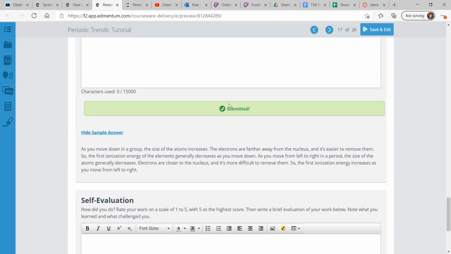So the first ionization energy of the elements generally decreases as you move down. As you move from left to right in a period, the size of the atoms generally decreases. Electrons are closer to the nucleus and it's more difficult to remove them.